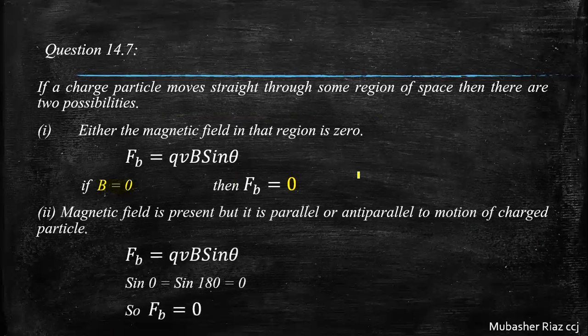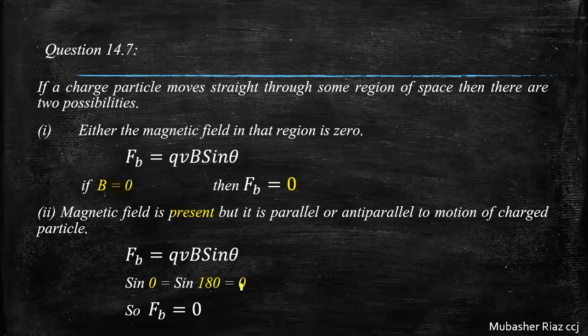And the other possibility is magnetic field is present, but it is parallel or anti-parallel to the motion of charge particle. So if it is parallel, then angle between V and B is 0. If it is anti-parallel, then angle between V and B is 180. So in both cases, sine 0 as well as sine 180 is also equal to 0.